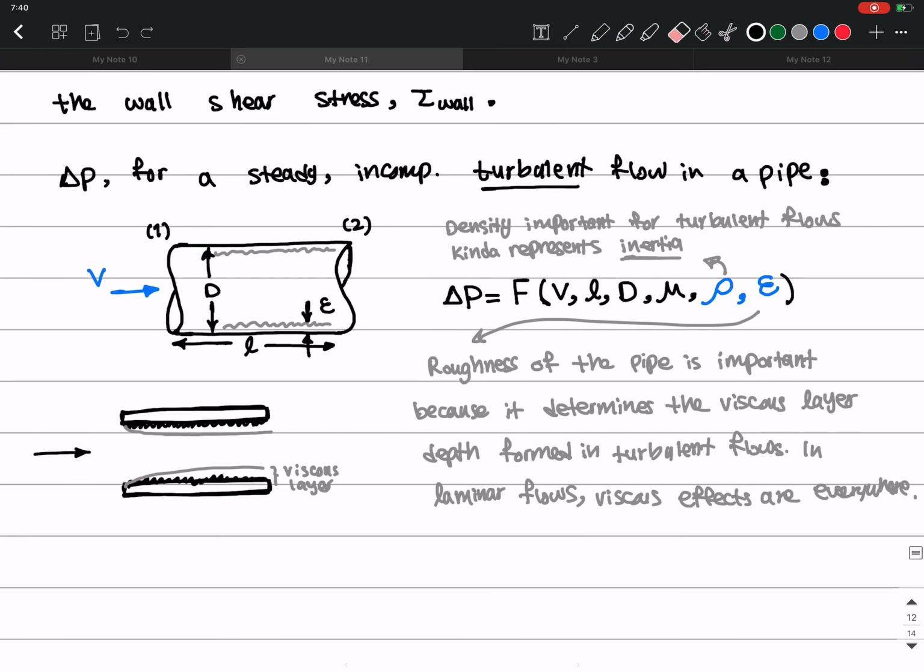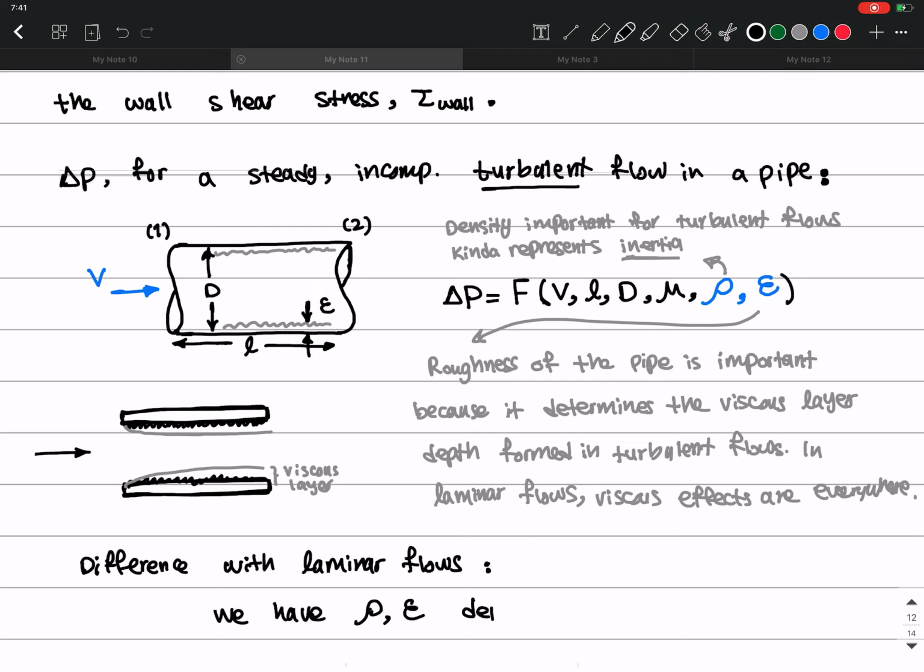So in a nutshell, the difference with laminar flows is that we have density and roughness dependence of delta P, right?